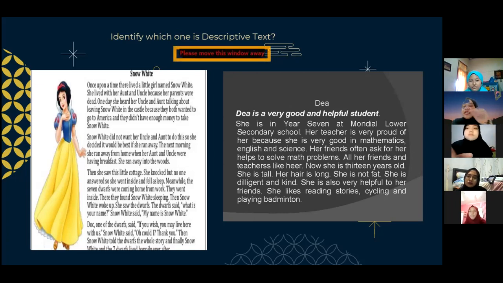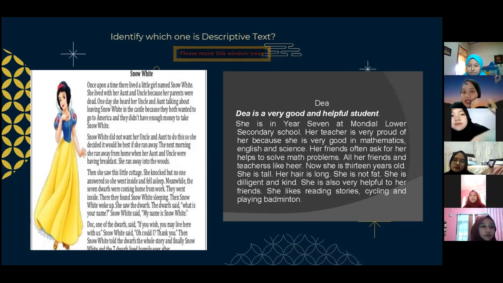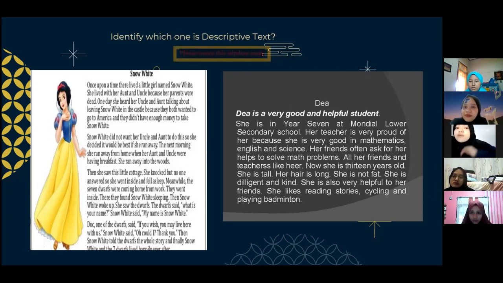Okay, so what is the generic structure? In the first sentence, identification. Good, because it identifies the noun of the text. It contains the general information.